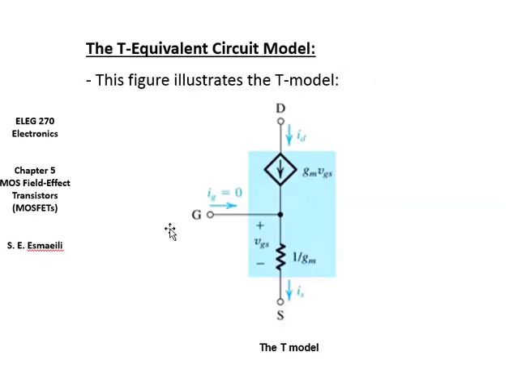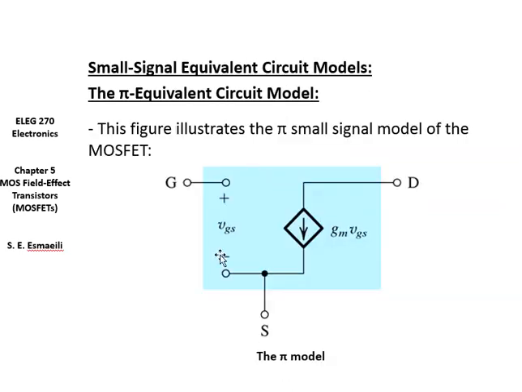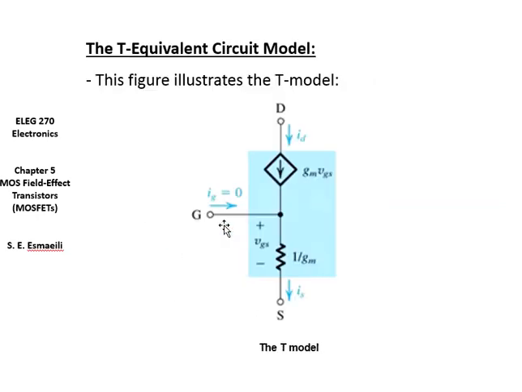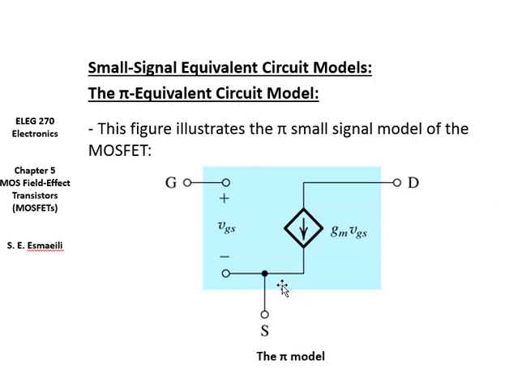Here's the T model. You can use either of these models interchangeably when you want to do the AC analysis of the MOSFET. So I recommend you, like the case in the BJT, to use this shape for analyzing the pi model for AC analysis of the MOSFET.